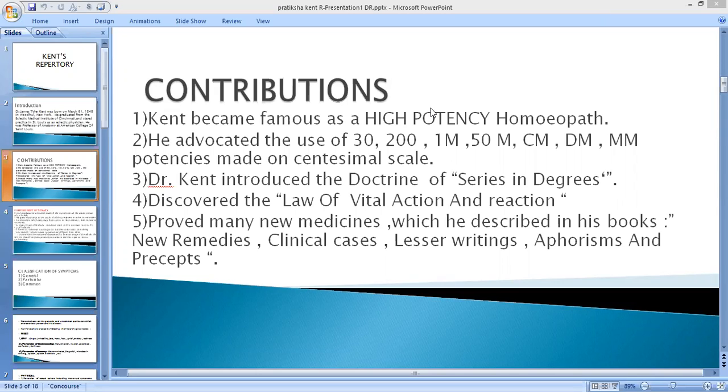Then, as he went through all the repertories, he liked the plan of construction of Lippe's repertories, but he was not satisfied with any repertories present before his time, due to the fewer rubrics and fewer medicines used in those repertories.